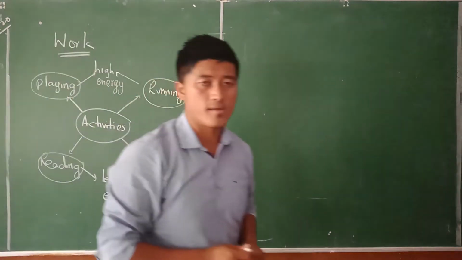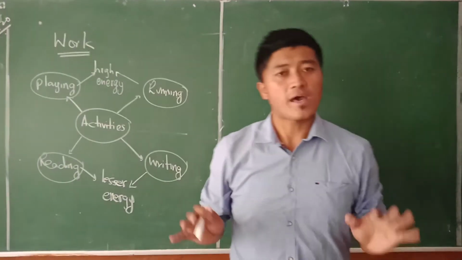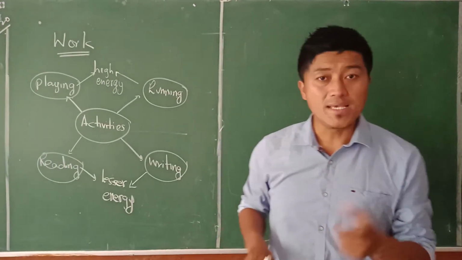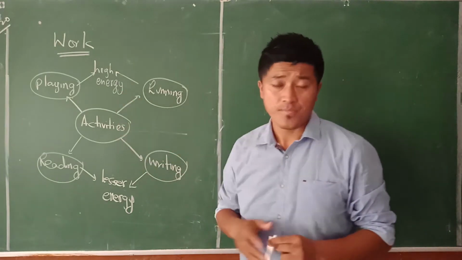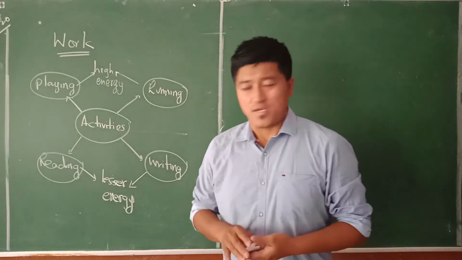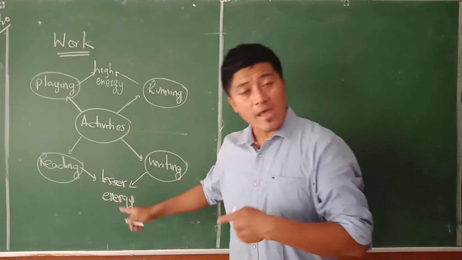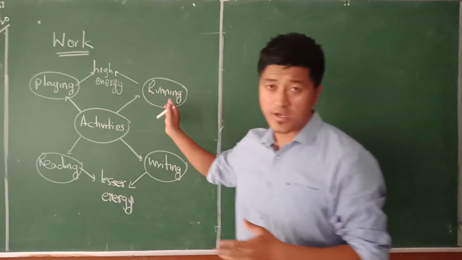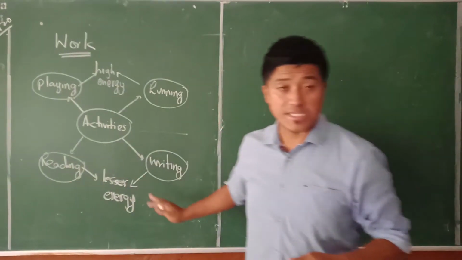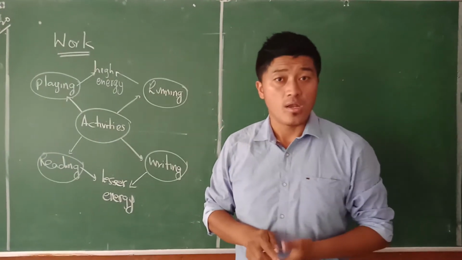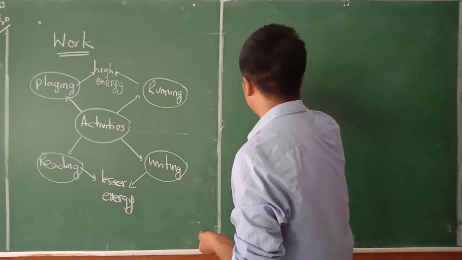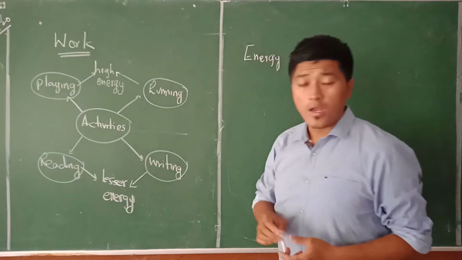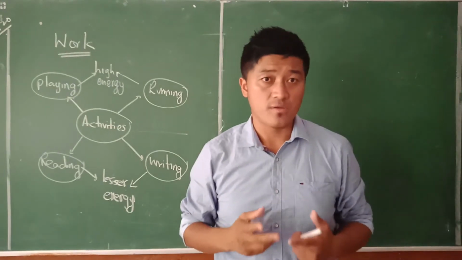Okay, so there are so many different kinds of activities which we can categorize into different parts based on the need for energy. Now the point is, for any kind of activity, whether it's playing or running, or reading or writing, we need energy. Now, from where are we getting this energy?